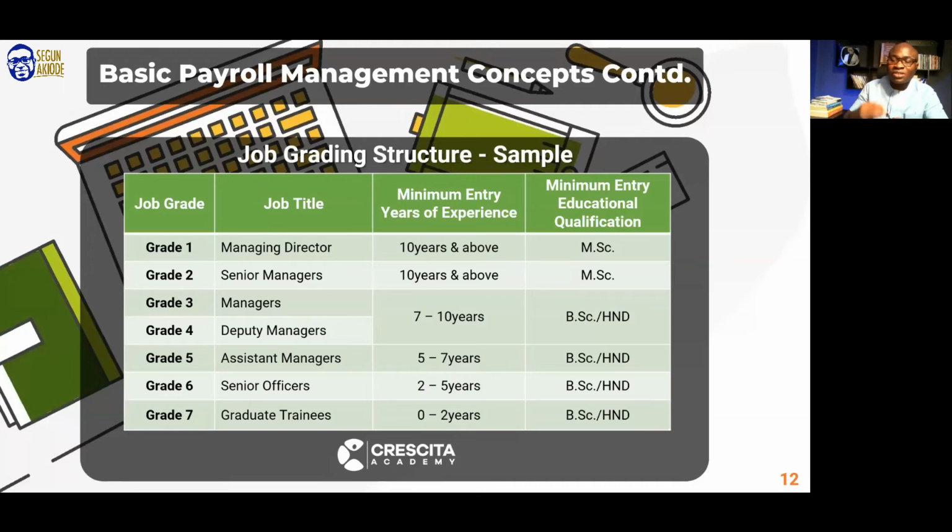Now, if you start to add salaries, what we call pay bands, what we call minimum entry salary, midpoint, and maximum to each of these grades, what you're seeing, which is a job grading, now translates into what we call a pay structure.